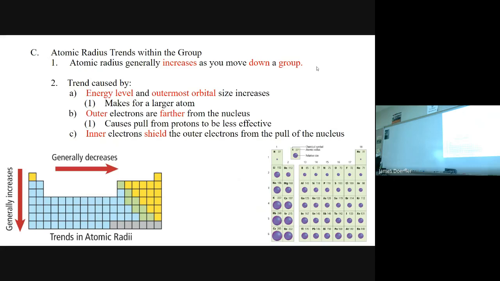And so you're going to see the result being atoms becoming larger as you move further downward. So those are the trends of atomic radius of neutral, normal atoms.